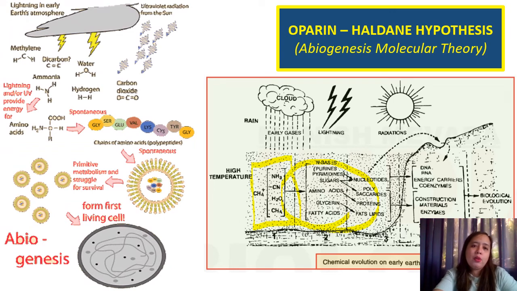There is now, because of sunlight, because of lightning, and because of the heat coming from volcanic eruptions, these methane, carbon dioxide, water, these inorganic molecules, accreted or reacted together, forming more organic monomers.